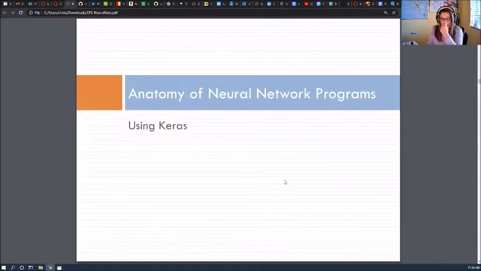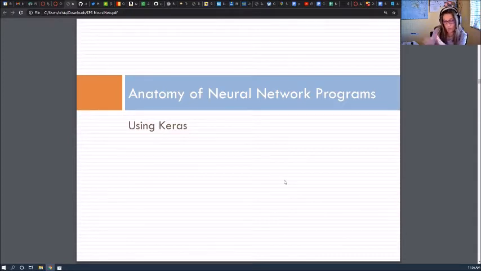Having said that, let me move on to explaining the anatomy of neural network programs. I'm going to talk about Keras because it's a nice, very powerful, relatively simple API that you can use to access the very powerful underlying TensorFlow, for example, or other tensor libraries.